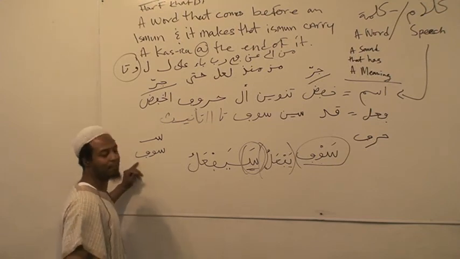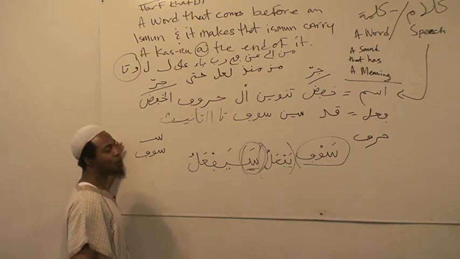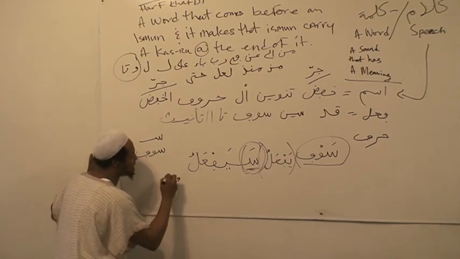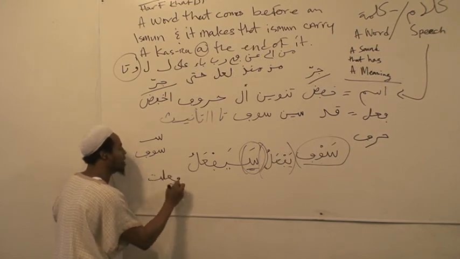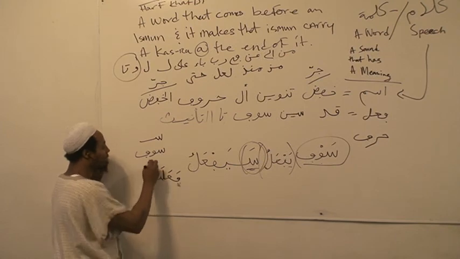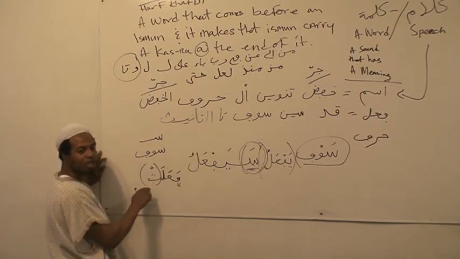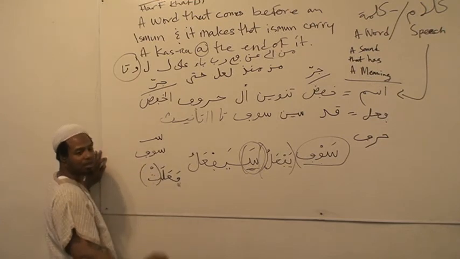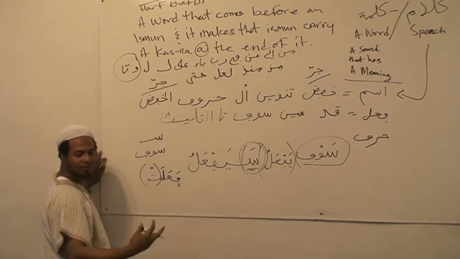But when we see them, we recognize that they come before a fi'lun. Now we get off of that and go to ta'nith. Ta'nith is like this: fa'alat. Say fa'alat. This ta at the end of the word is called the ta of ta'nith. Ta'nith means feminine, so make something feminine.